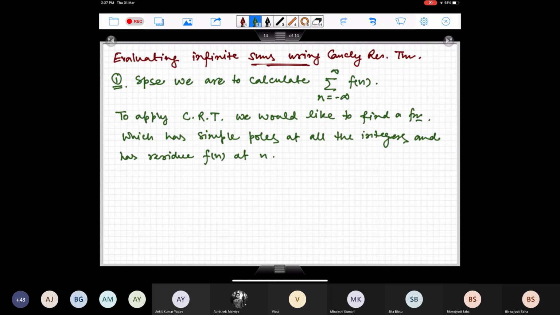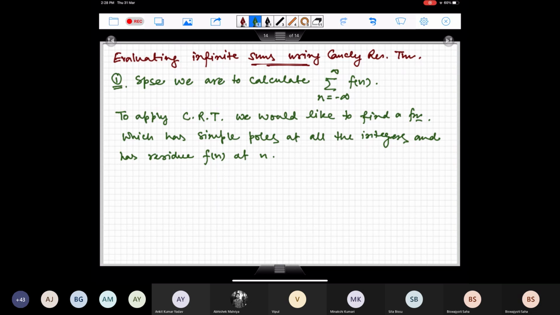Sine has zeros at all the integers, and therefore if I take the reciprocal of sine, that gives us a function which is going to have poles at all the integers. Anyway, you can work with the cosine function, or you can also work with the cotangent function. Often working with the cotangent function might be easier.